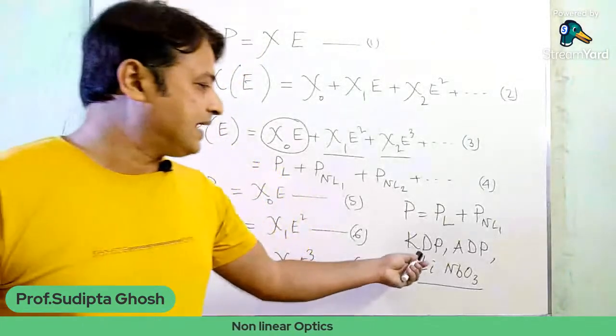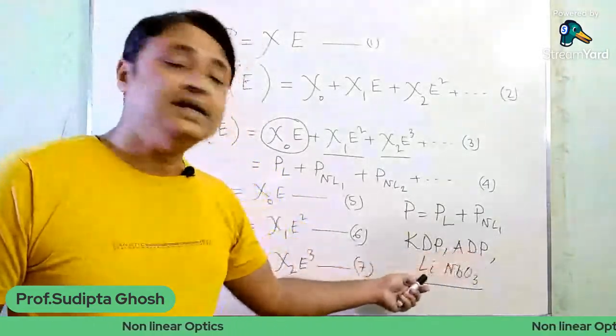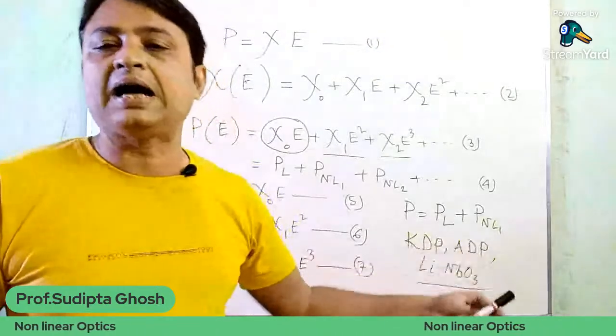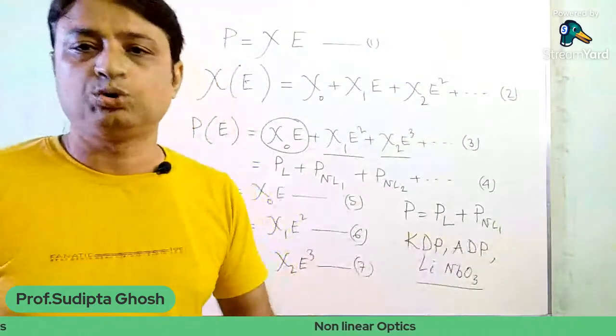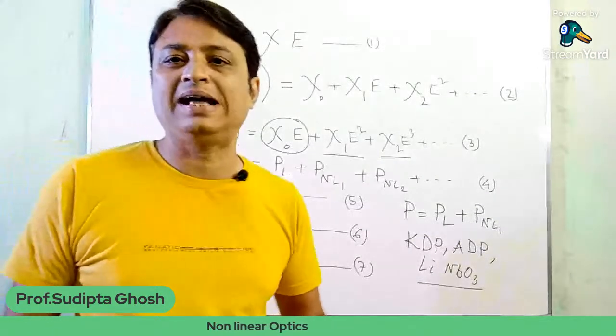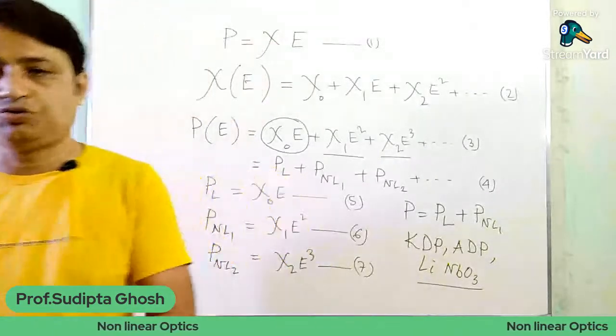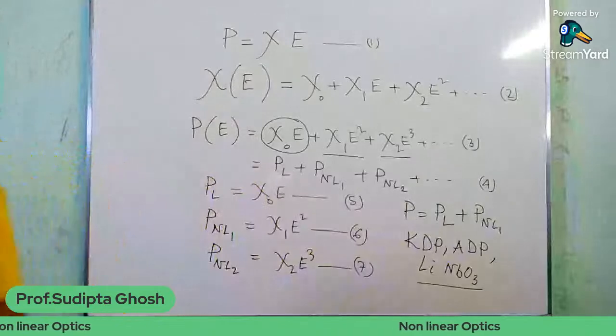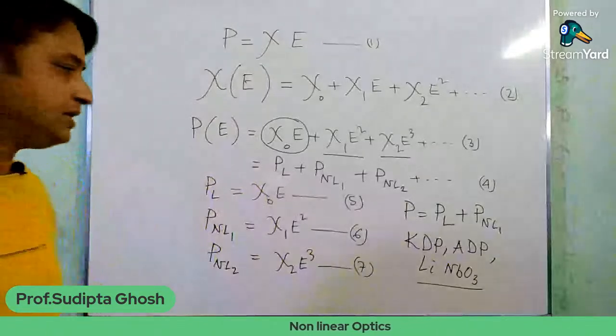The examples are KDP, ADP, lithium niobate, LiNbO3. These are examples of non-linear materials.